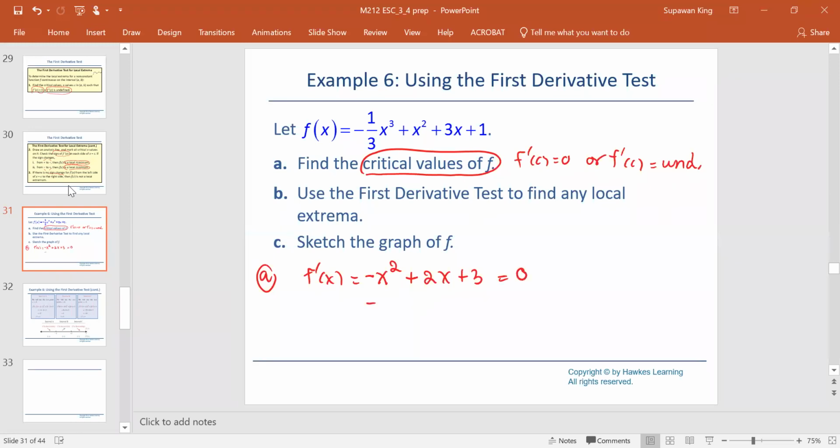Factor completely, with the negative sign out: negative x squared minus 2x minus 3 equals 0. We have the factors x minus 3 multiplied by x plus 1, with the negative sign out front. This tells us the critical values are c equals 3 and c equals negative 1.